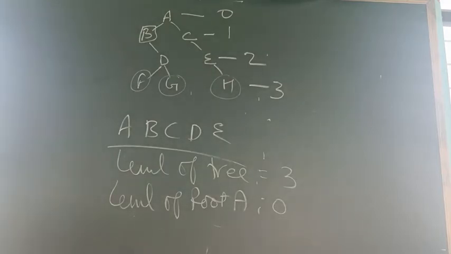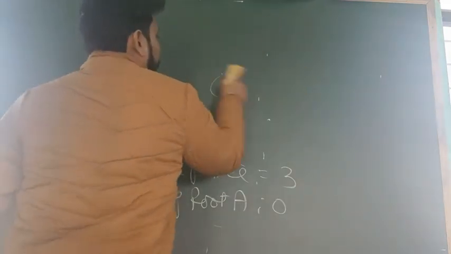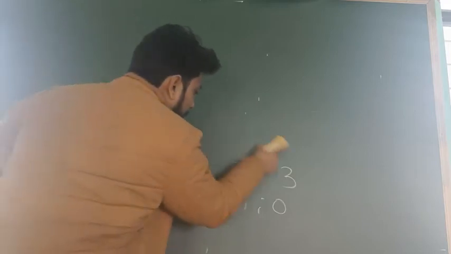Okay. Now one more question I am giving you as homework. I know you will not do it, but still I am giving it to those who want to take that question as homework.